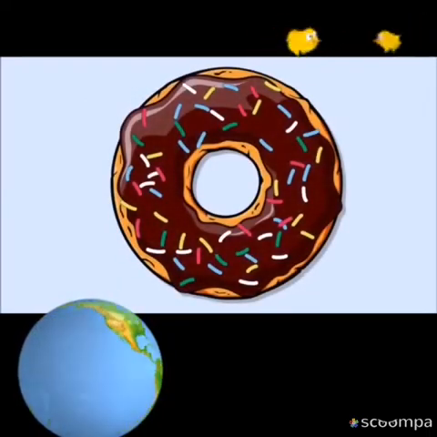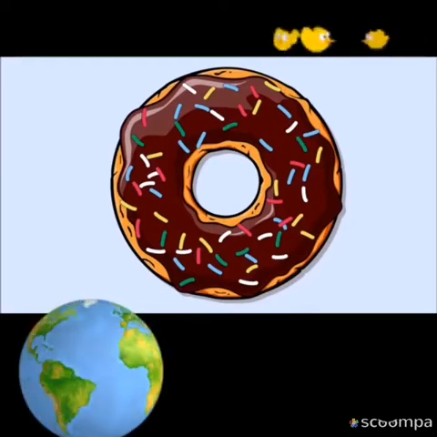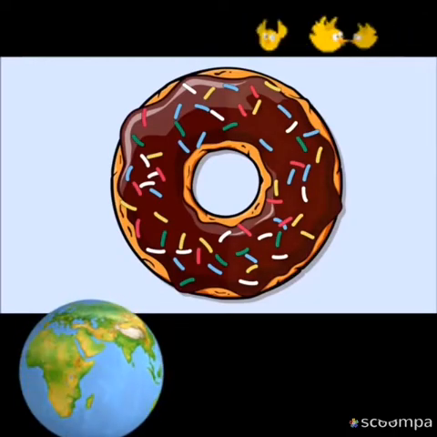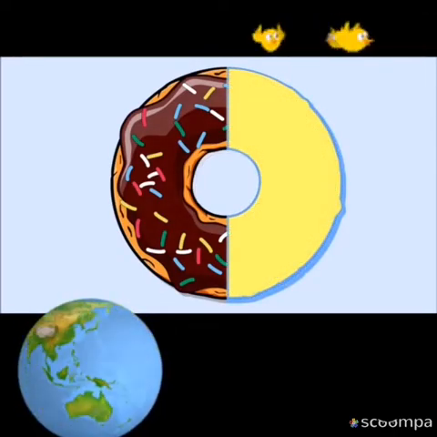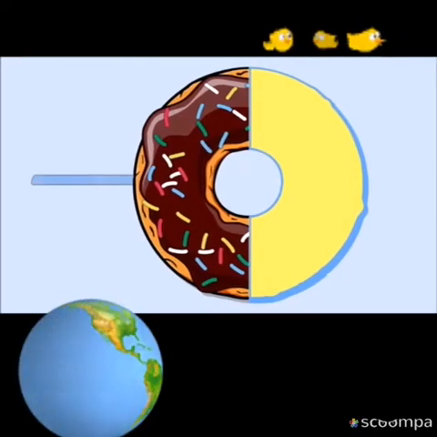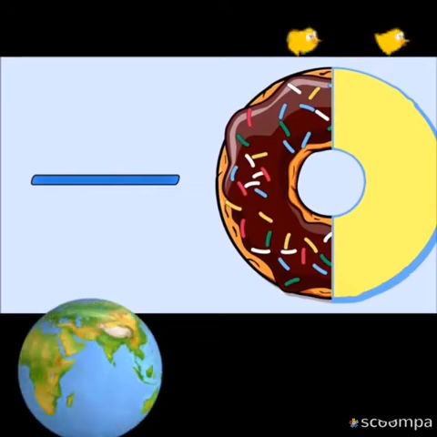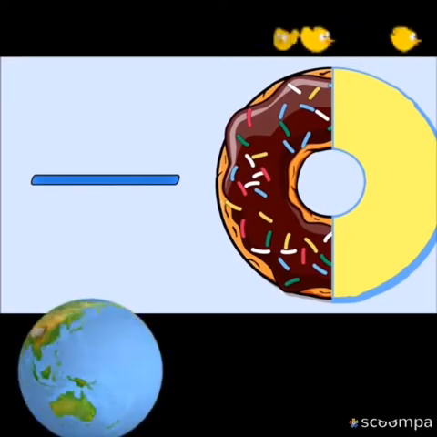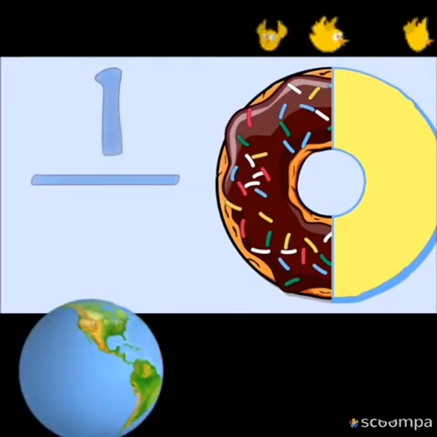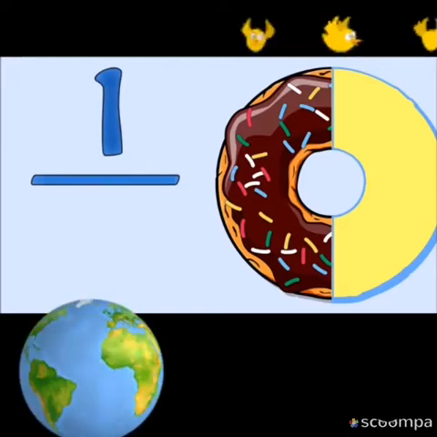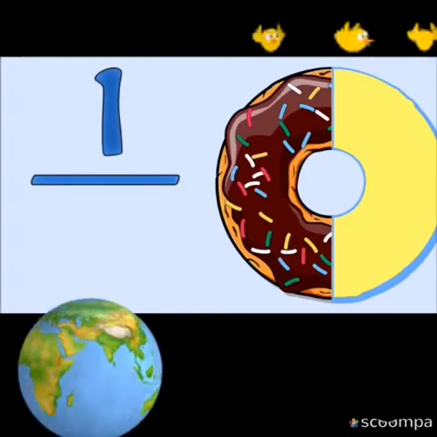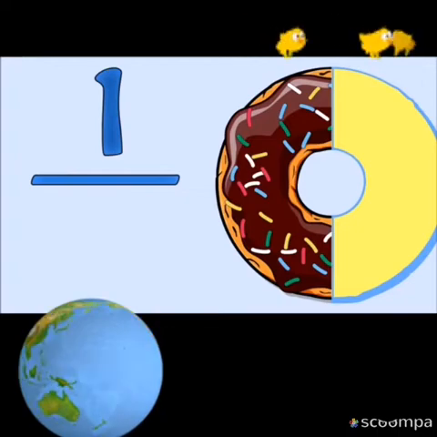Here, a donut. Yeah, it's delicious. I love it. I want to eat half. So I will write here 1 over 2 or 1 half. So 1 here is the numerator and 2 here is the denominator.